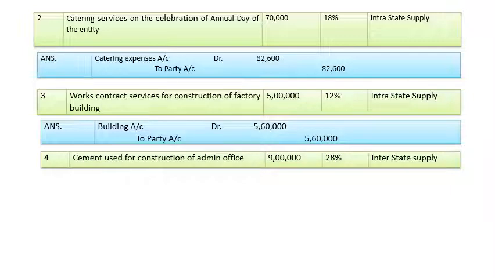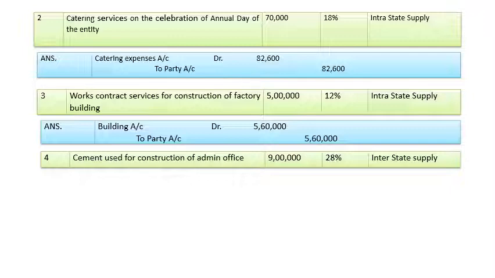Now, cement used for construction of admin office. So 9 lakh is given. Now you have to make 28% of 9 lakh, it will come to 2,52,000. Now if ITC is allowed, then it will be recorded separately as IGST input receivable account. If IGST credit is not available, then it is to be added into the cost of it. As per the situation of the transaction, cement is used for construction of admin office, and it is not used for establishing plant and machinery in the factory premises.